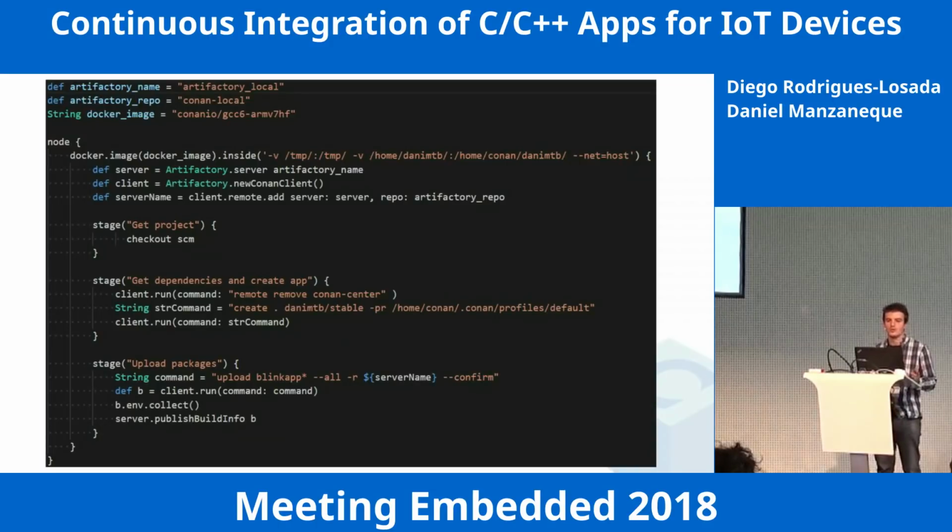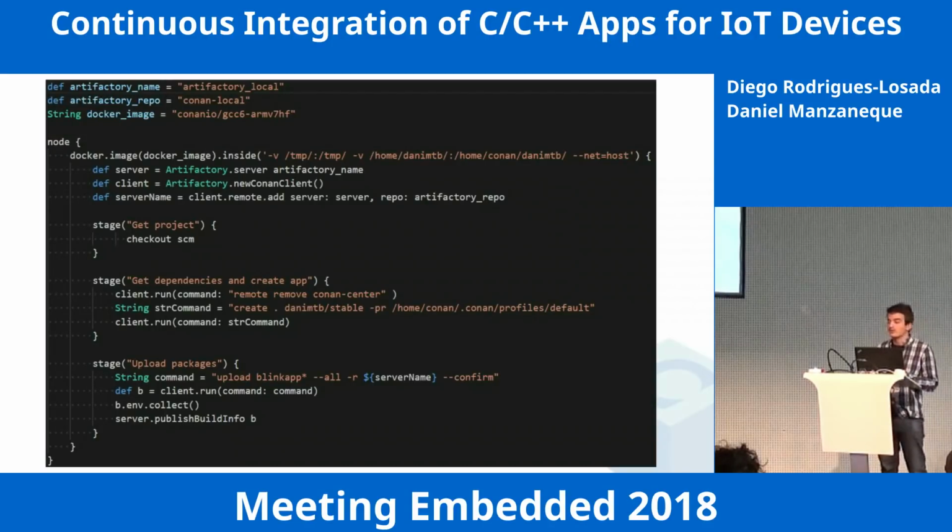We are not going to lose the log, because the Docker image will stop, so we need to keep that file. And if you notice at the top, we are also mapping the network of the Docker container to the machine where Jenkins is running. This is because we want to communicate with Artifactory, so we need to use the same network.